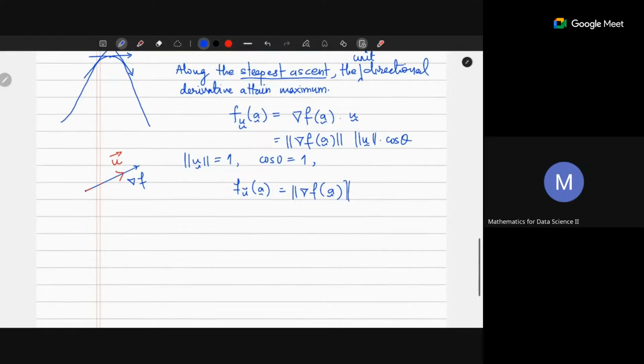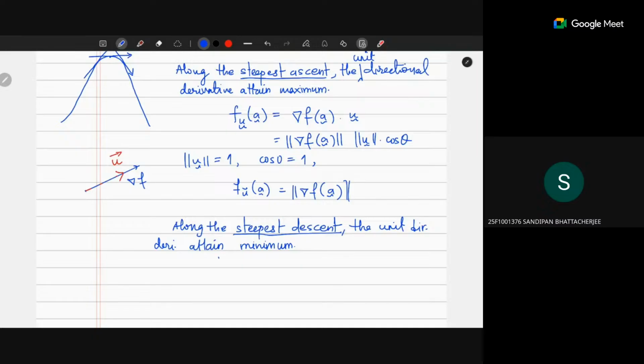Now for the steepest descent, the unit directional derivative attains minimum. When does that happen? When cos theta takes the minimum value. What is that angle for cos theta to take the minimum value? It's pi.